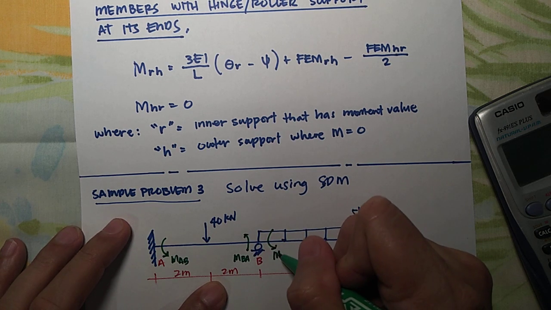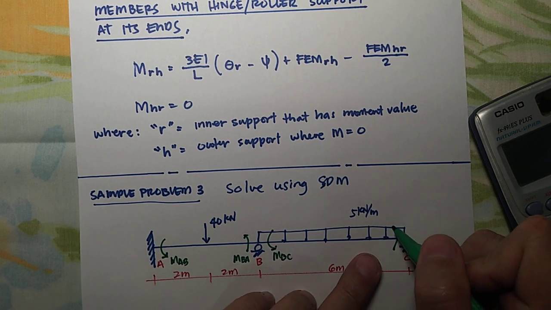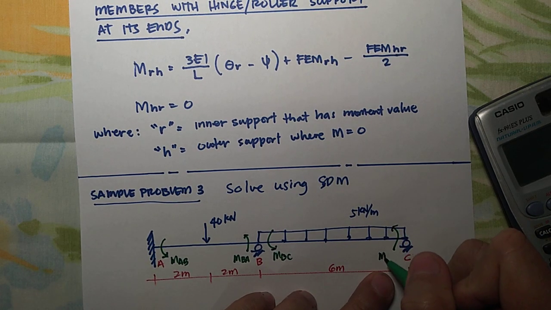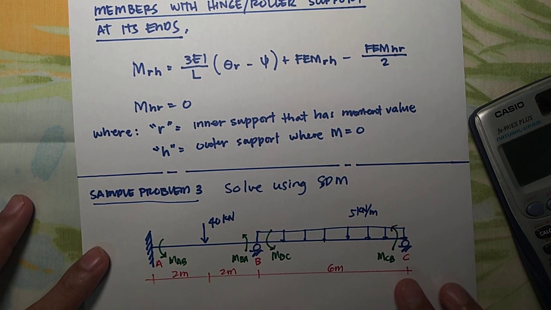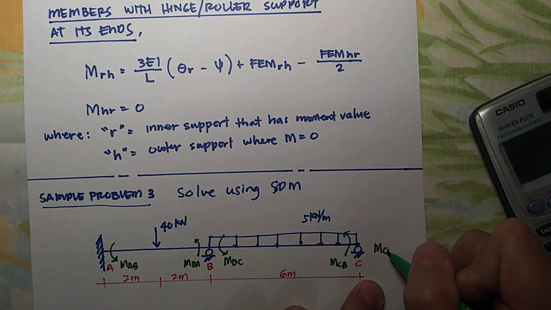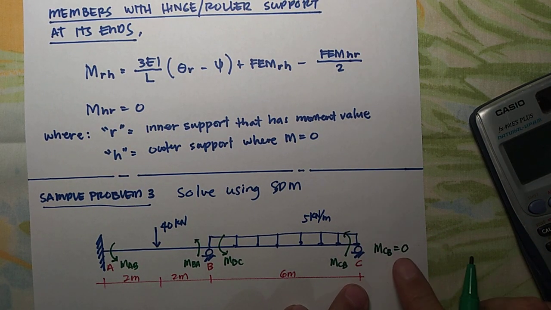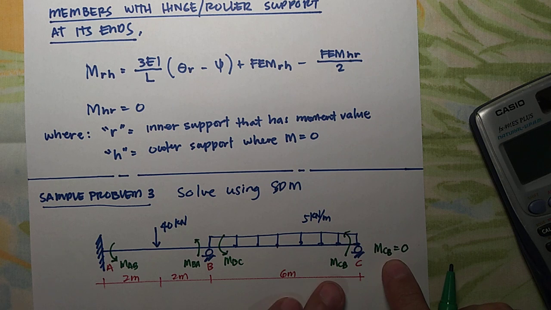Here is moment BC, counterclockwise, again counterclockwise, moment on CB. As we know, the moment on CB is equal to 0 because that is at the end of the beam and that is a roller, and there is no external moment applied at point C, therefore the moment CB is just equal to 0.